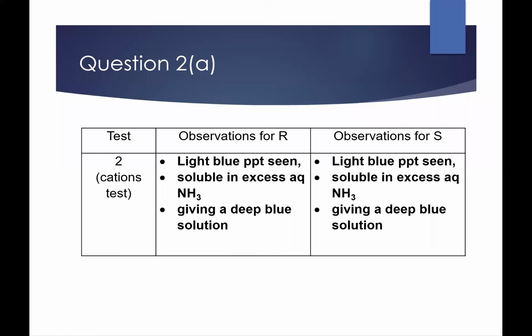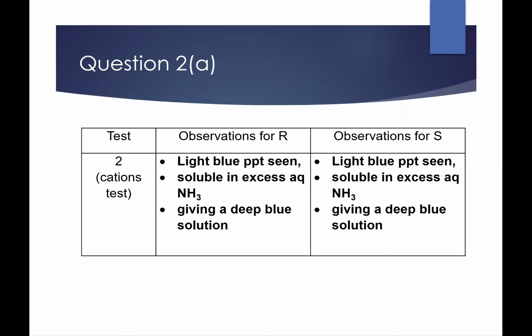The second test is another cations test. And in this case, with your aqueous ammonia, what you're looking out for is whether it is soluble in excess. So if it is soluble in excess, you indicate that it is soluble, and therefore it gives a deep blue solution. Now, many of you have wrong phrasing, such as light blue precipitate turn into deep blue solid or deep blue precipitate.